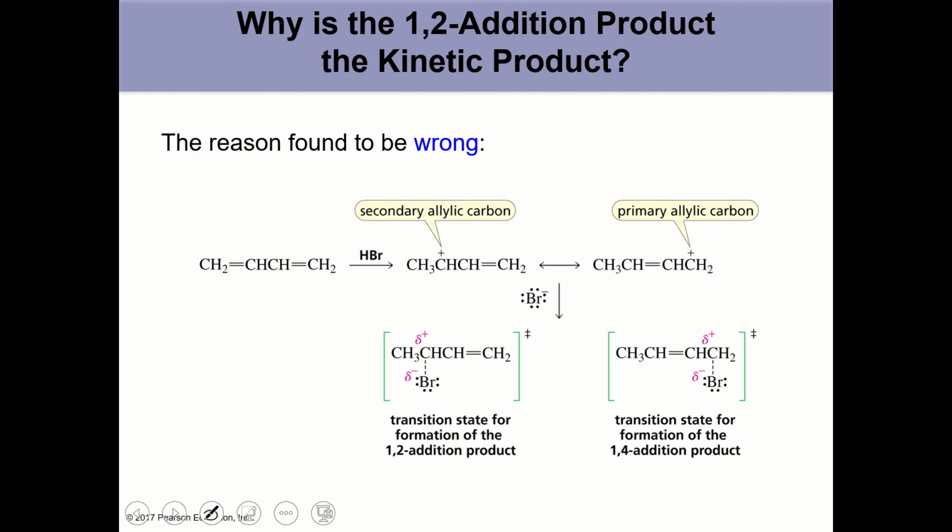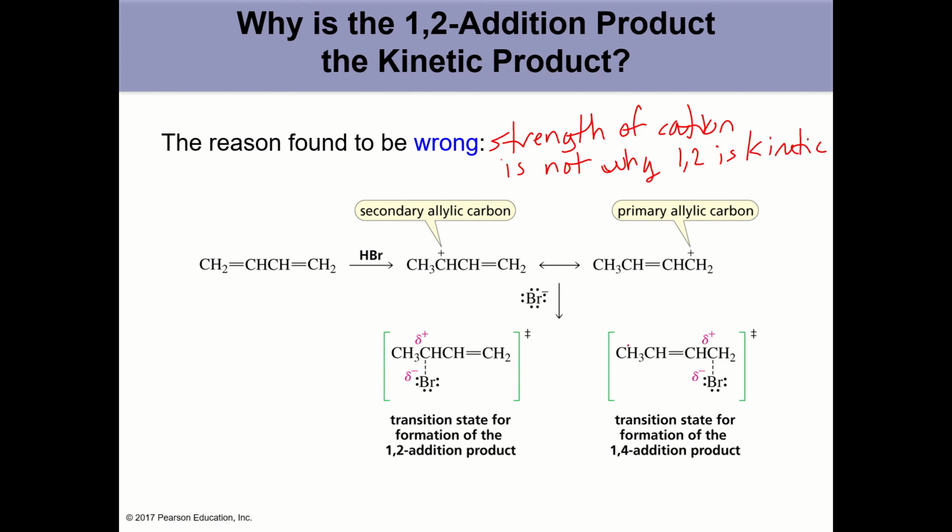So the strength of the cation is not why 1,2 is kinetic. All right, so that's what this is about. And it has nothing to do with the transition states or the strength of the cation for determining what's the 1,2 product. All right, so that's their point here, secondary allylic cation, primary allylic cation.